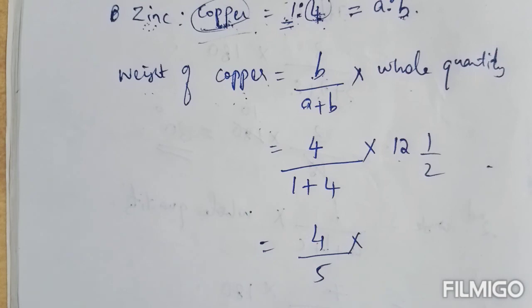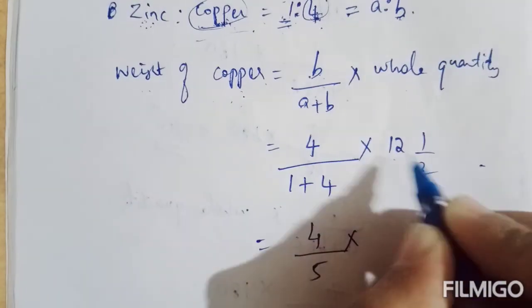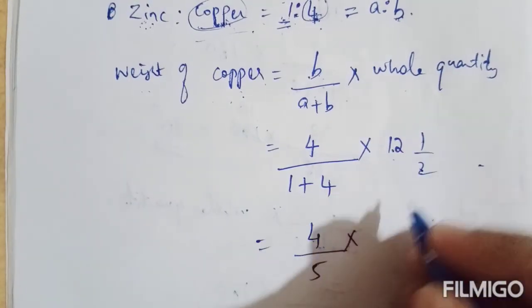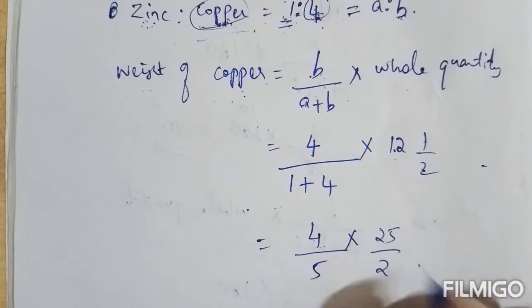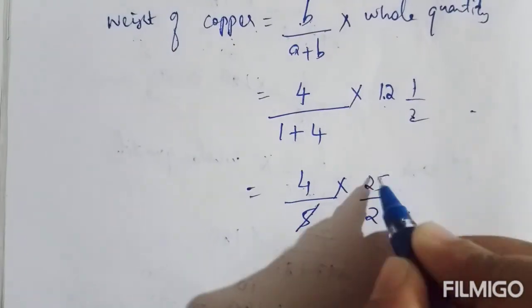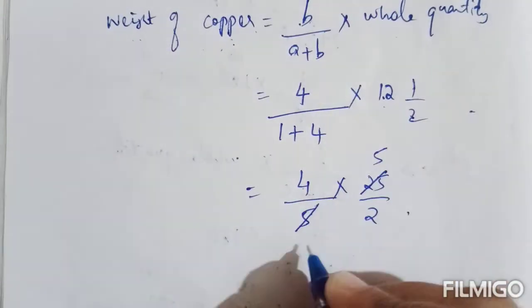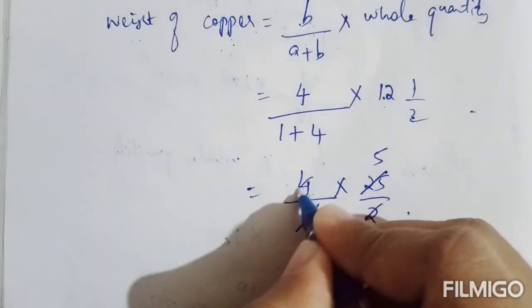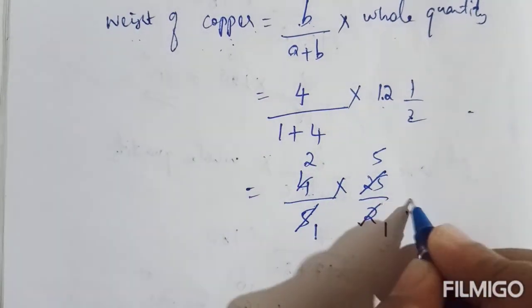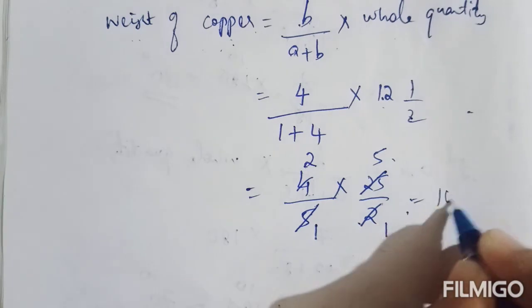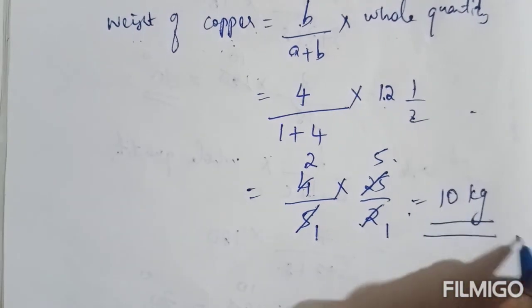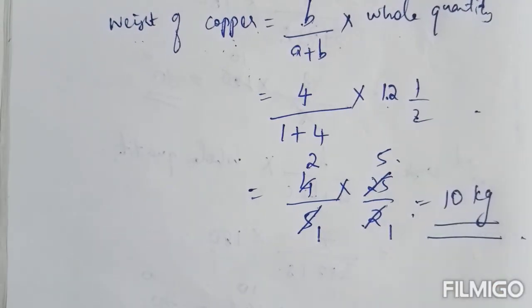We can write that as an improper fraction: 2 into 12 is 24, 24 plus 1, 25 by 2. Now 5 and 25 you can cancel, 5 here and 1 here; 2 and 4, it is 2 here and 1 here. What you will get, 2 into 5, 10 kilogram. This is the weight of copper in it.